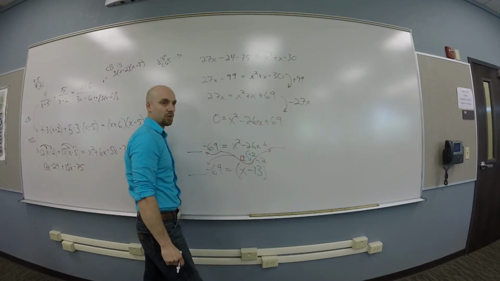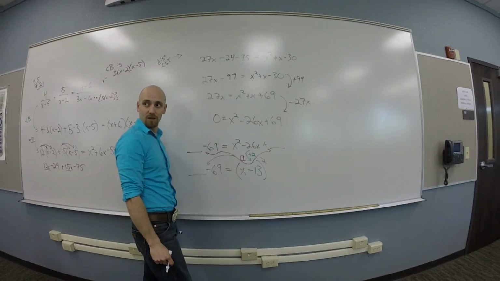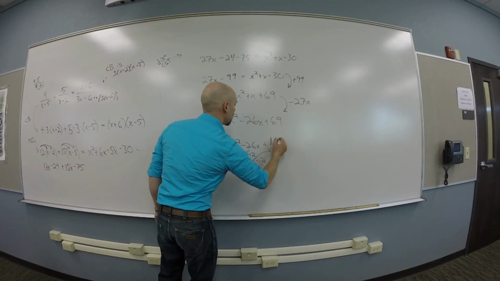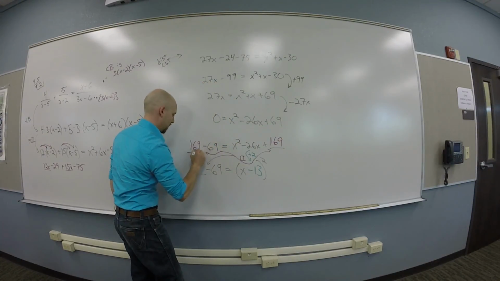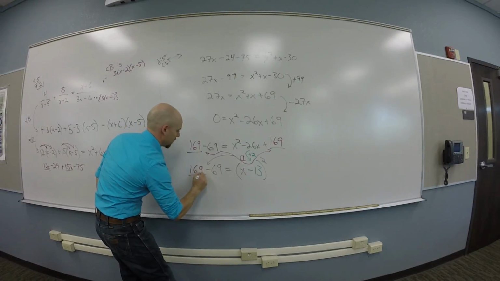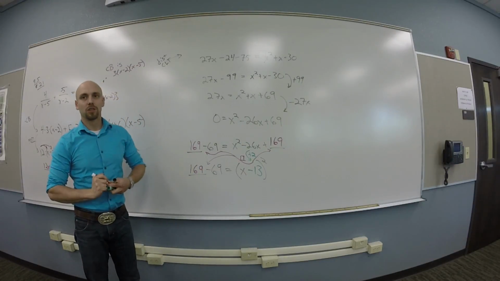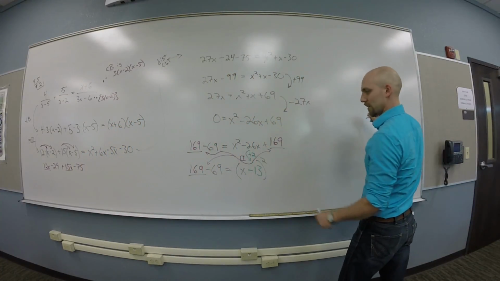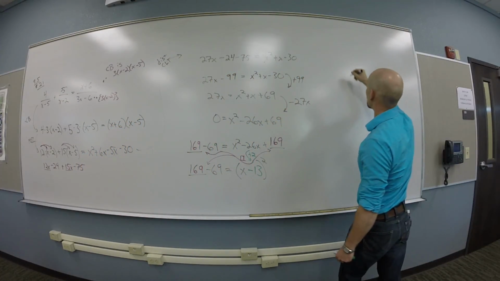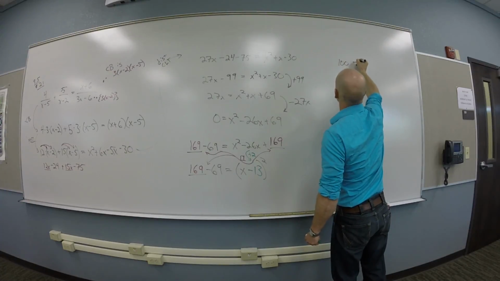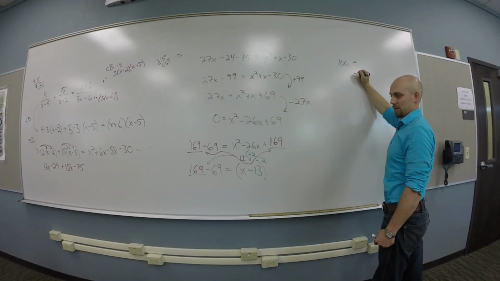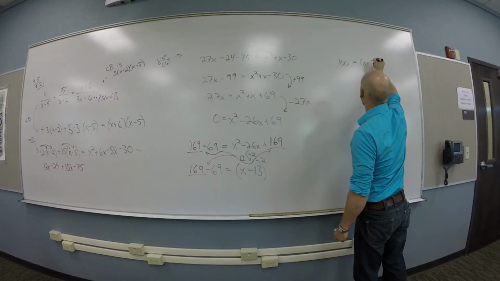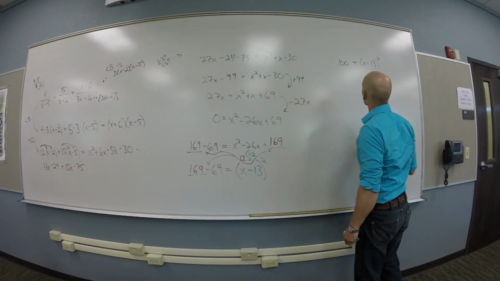So what's 13 squared? 169. Okay, so in the end, what do I get on the left hand side? 100 is x minus 13 squared.